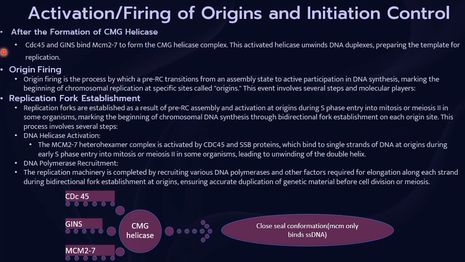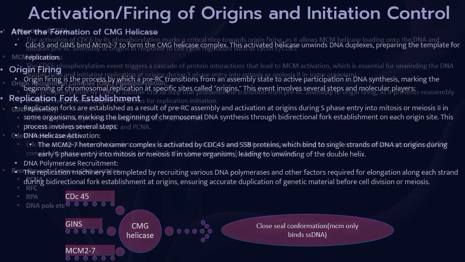As given in this infographic, we can say that CDC45, GINS and MCM2-7 come together and make up the CMG helicase, which has a closed seal conformation, where MCM only binds to single-stranded DNA, which we'll discuss in more detail.